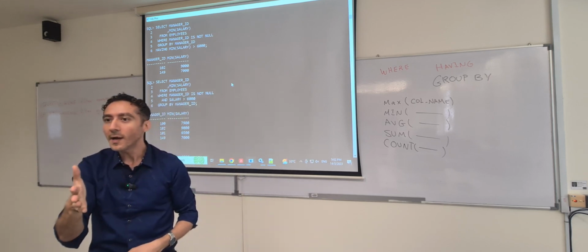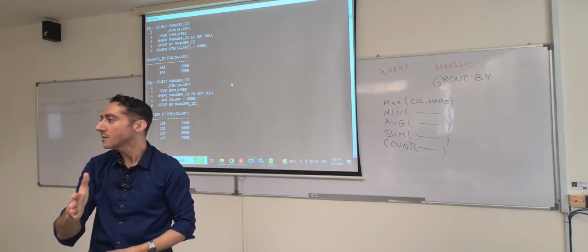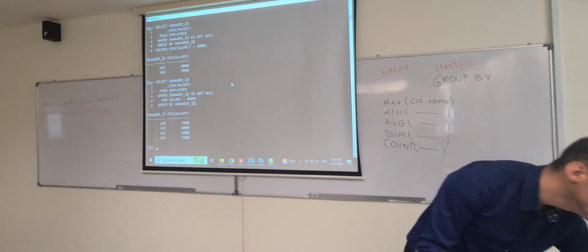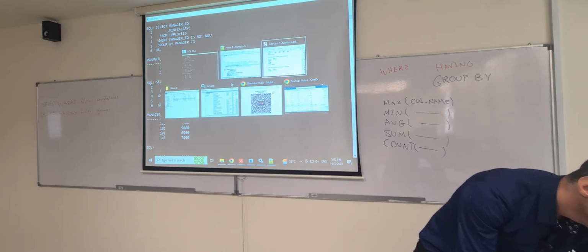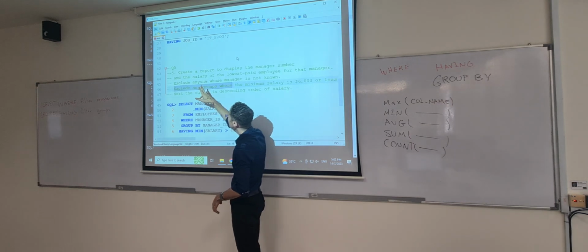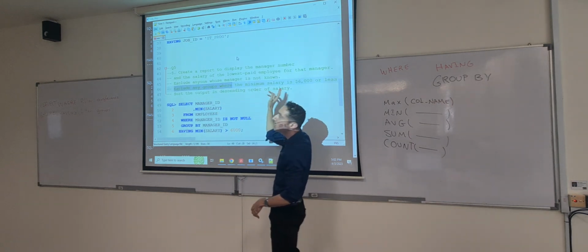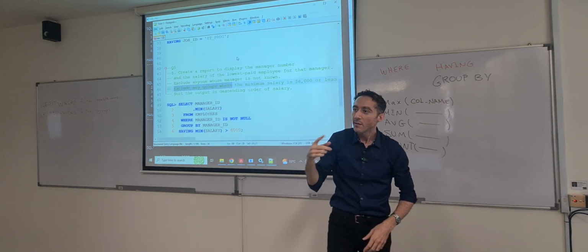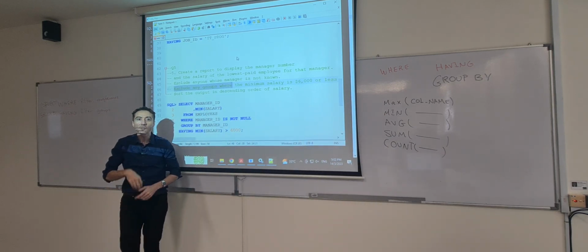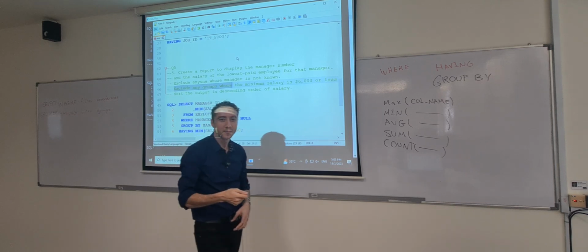See whether the group has a minimum salary of less than 6K, exclude the whole group. This is why I told you to highlight this, to ensure here it says exclude any groups where the minimum salary. It talks about filtering groups. So this is why we have to use HAVING.